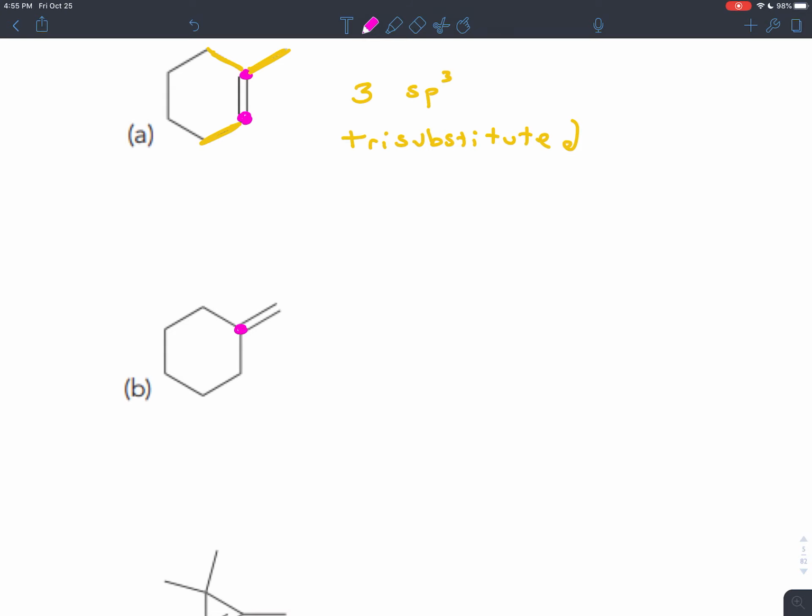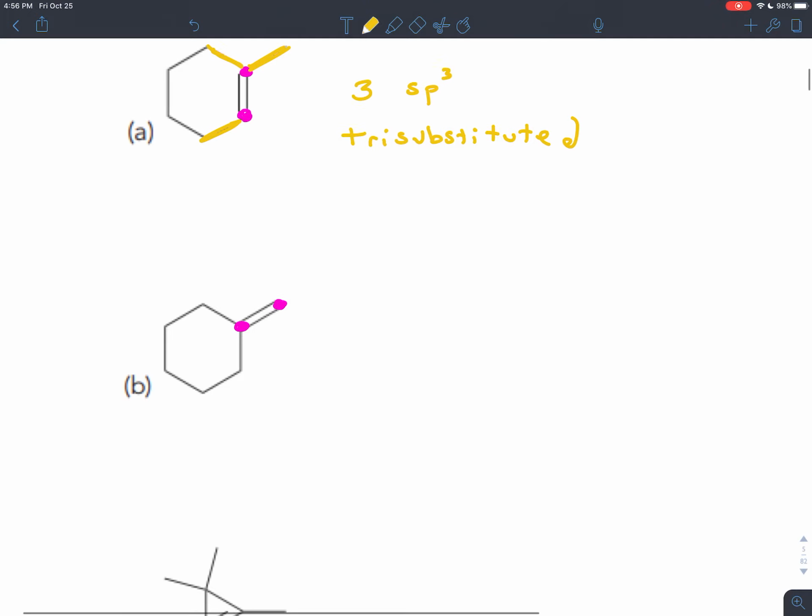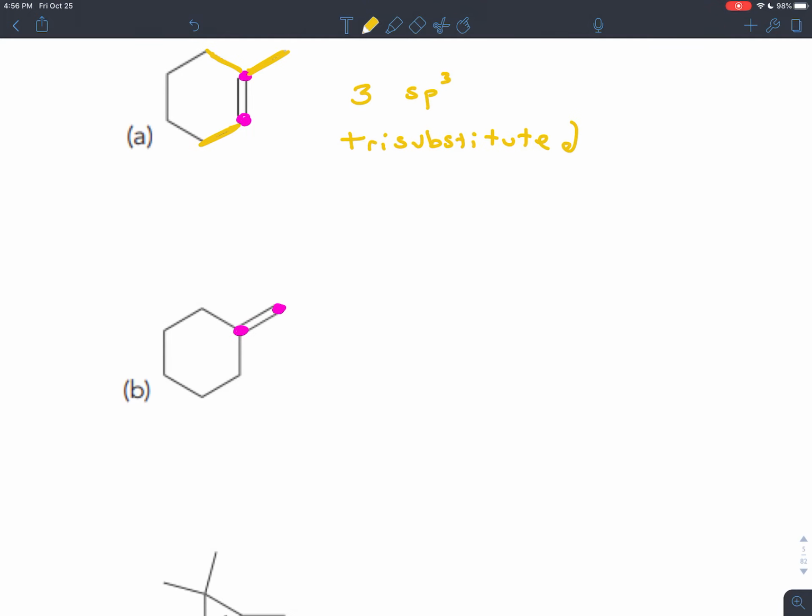Okay, for B, same thing. Put a dot for each of the carbons in the double bond. And then think about how many sp3 hybridized carbons are coming off of that. So we've got 1, 2 here. So we have 2 sp3 hybridized carbons attached.